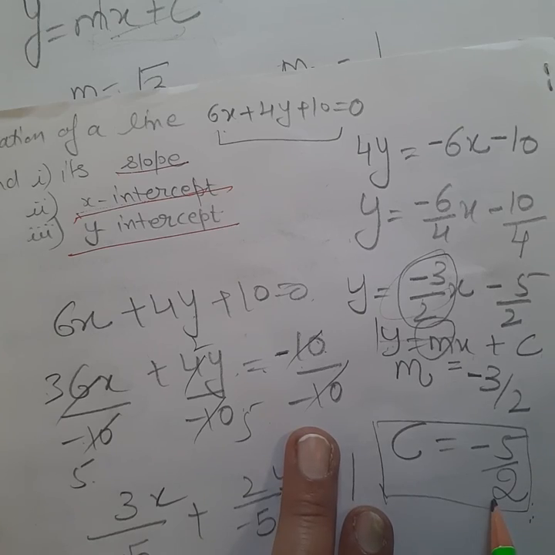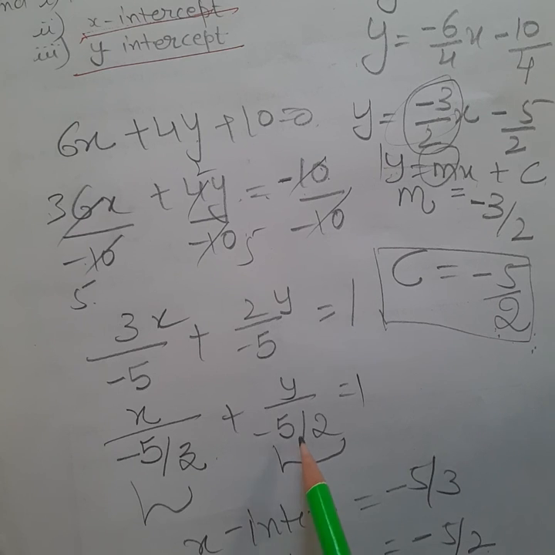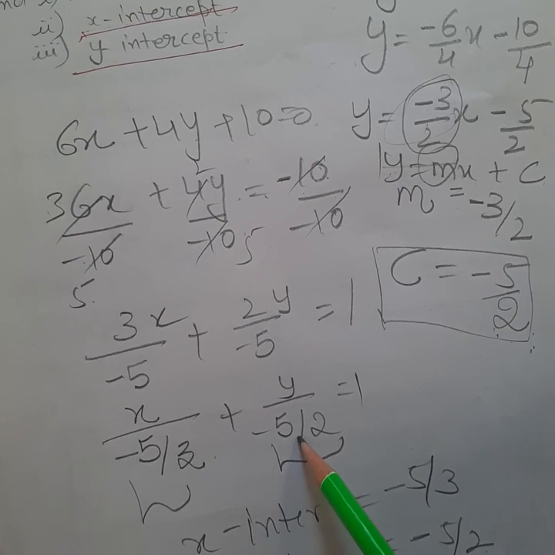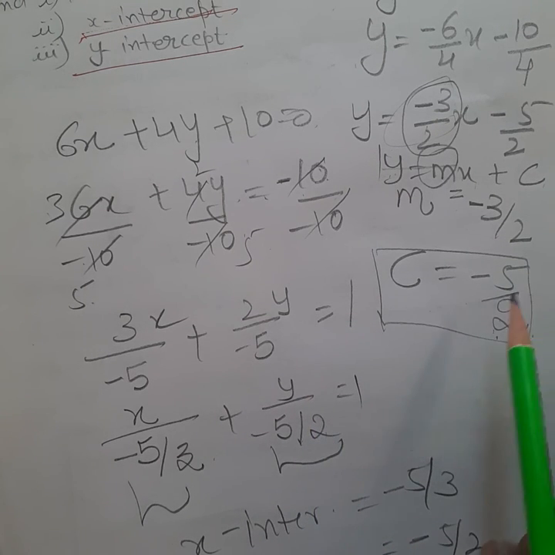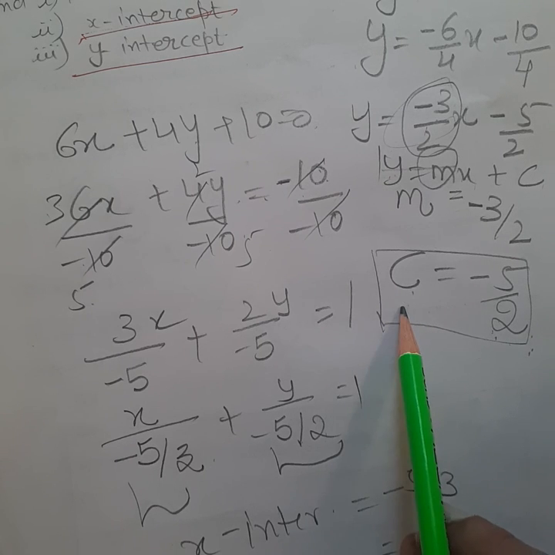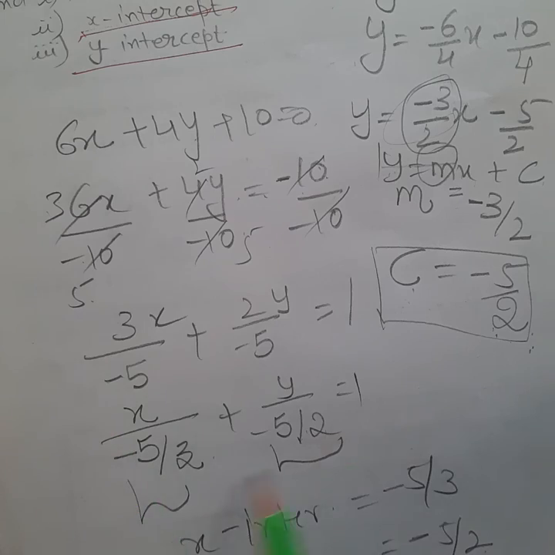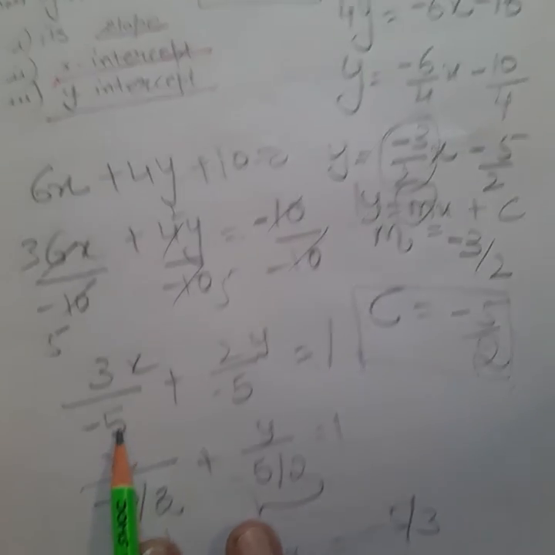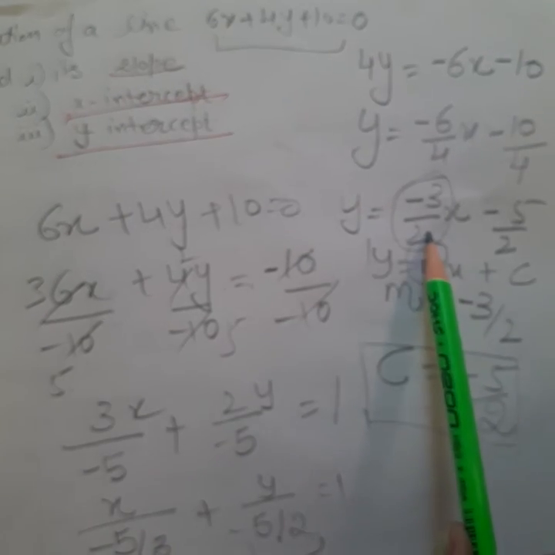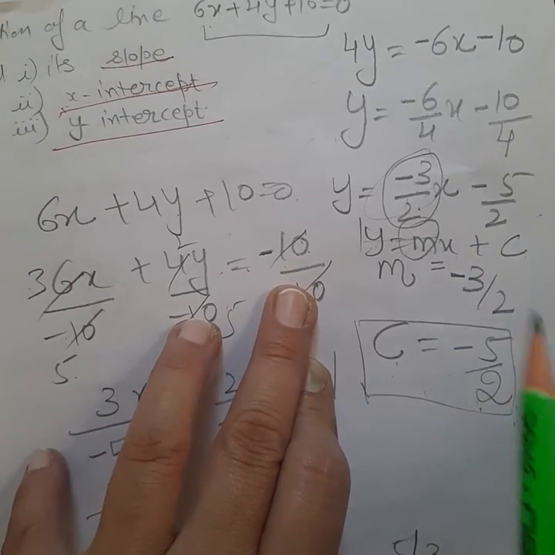If you have to find both intercepts, note that minus 5 by 2 is the intercept of y. So c intercept means maybe x or y intercept, but if you have to find both intercepts, then you can use the earlier format. And if you have to find the slope and the intercept only, then you can apply this method also.